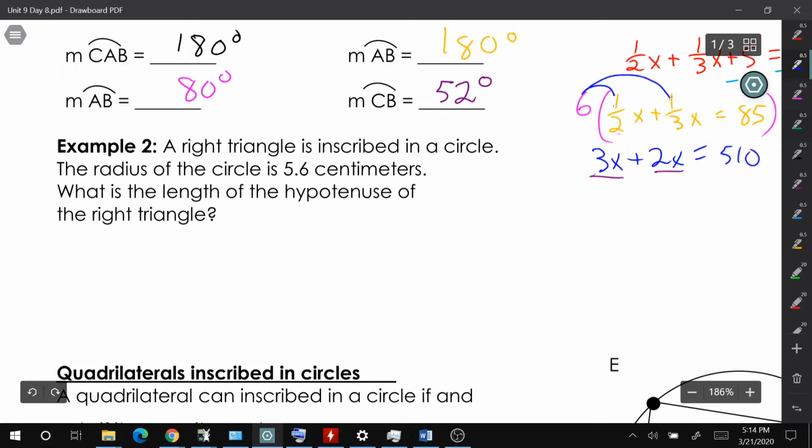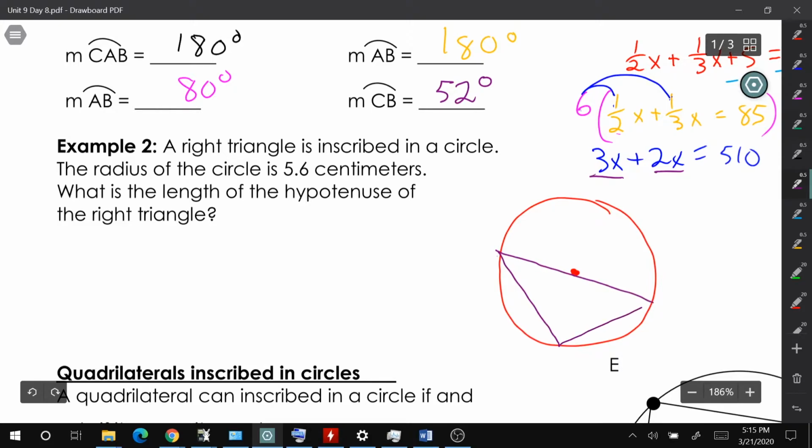So we need to draw this. That's a terrible circle, so I'm going to attempt to draw a better one. Okay, so there's our circle. It says a right triangle is inscribed in it. So if we're going to draw a right triangle, the hypotenuse needs to be a diameter. That will ensure that this is a right angle here.